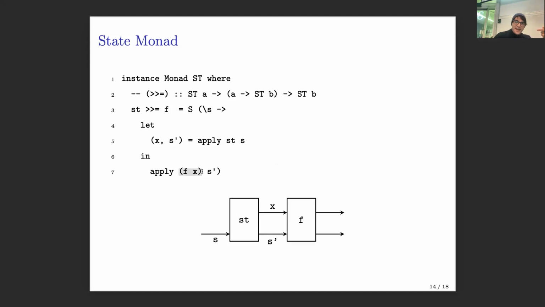So F of X does what, right? It takes A and returns a state transformation over B. This S prime goes into that state transform over B and gives you a state transform over B. It's just basically what this picture is doing. So you'll have to go home and sort of dwell on this for a bit.